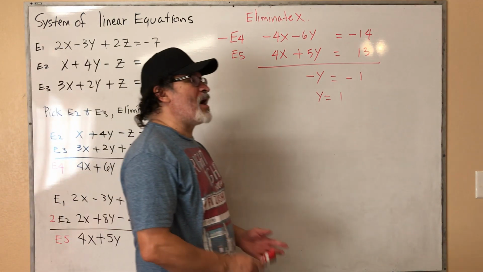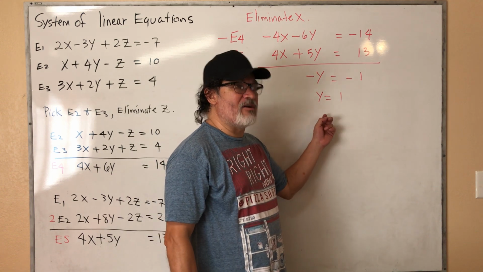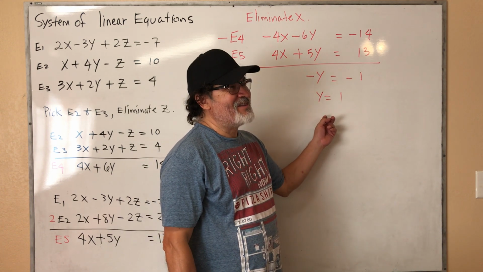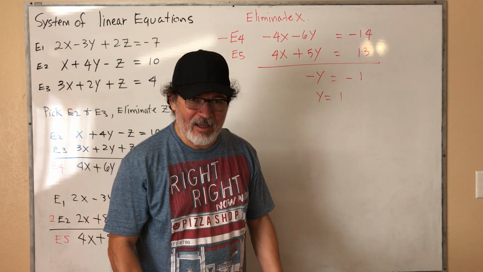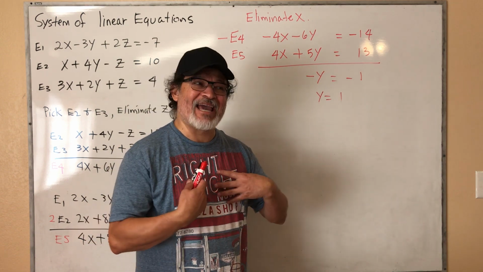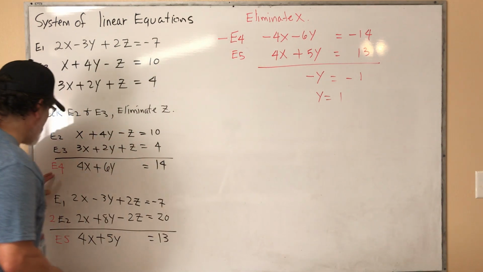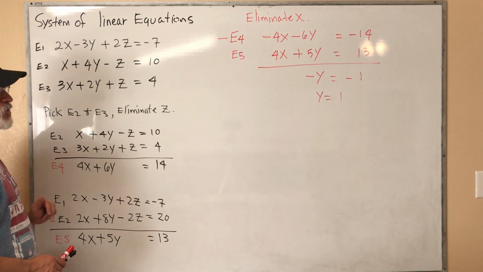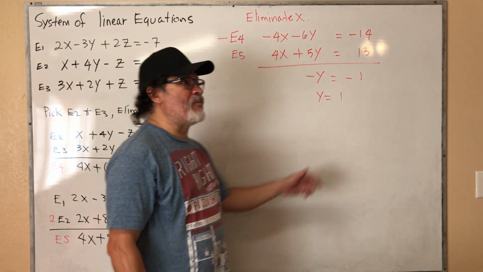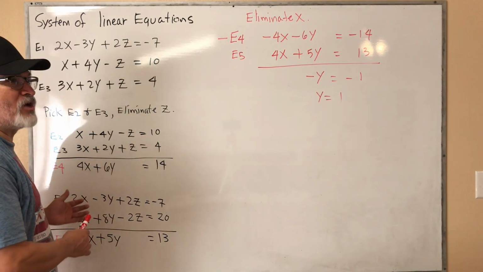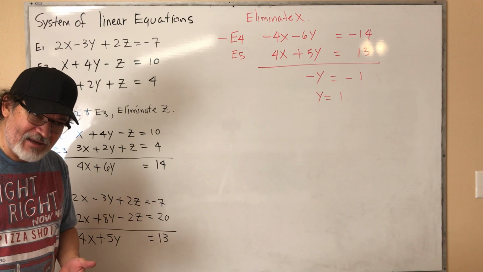Okay, so once you solve for a variable, then you go back to one of the equations that you came up with. I came up with equation 4 and equation 5. So I'm going to take this y equals 1, and I'm going to plug it into an equation that I came up with.